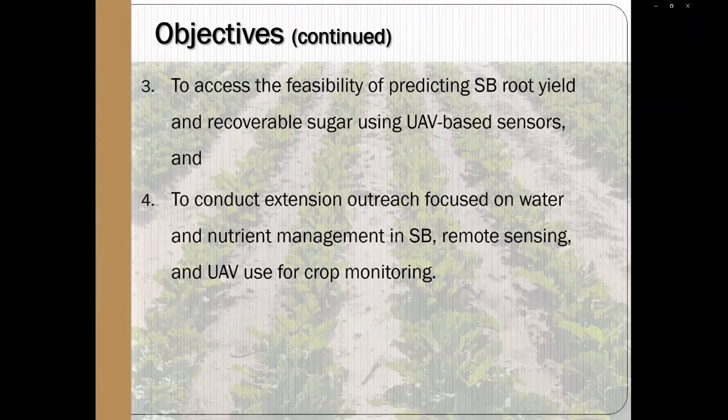We also wanted to assess the feasibility of predicting sugar beet root yield, as well as recoverable sugar using UAV-based sensors. And also, we conducted extension outreach focused on water and nutrient management in sugar beets, remote sensing, and using UAVs for crop monitoring.